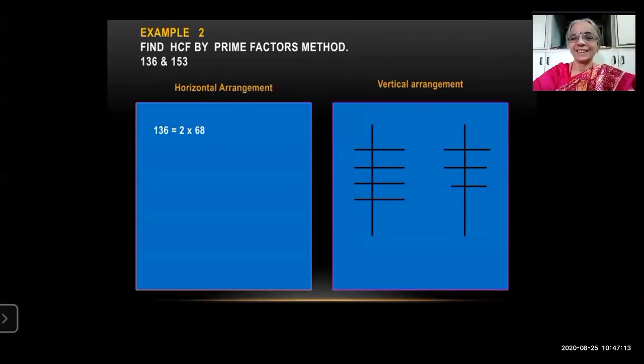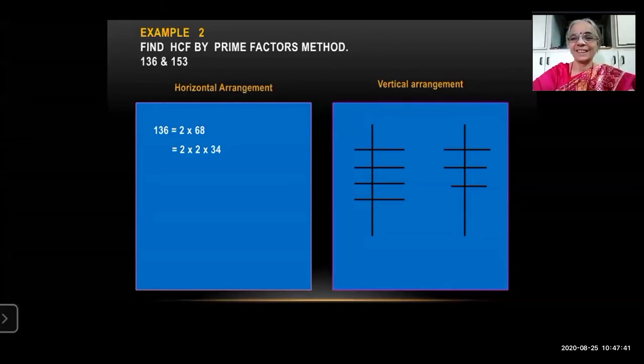And the answer is 2 into 2 into 34. Oh, 34 is also not a prime number. So, again we need to think on it. 34 has 4 at the unit place. Oh, easy. It can be divided by 2.